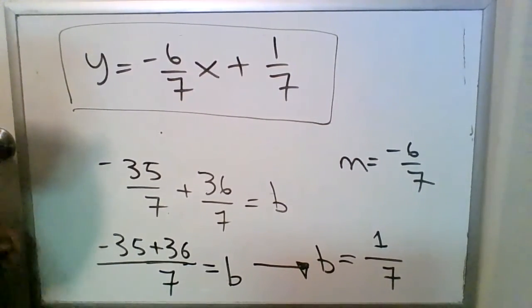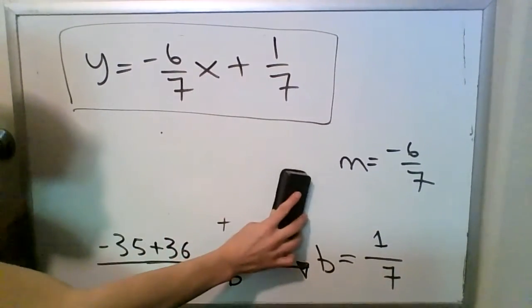Okay, let's do one more where we're given 2 points and you find the equation of the line.